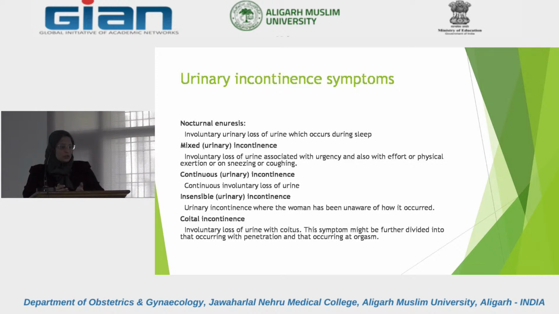So they have no control. It is not related to coughing, sneezing or urgency. There is a hole. As soon as urine comes into the bladder from the kidneys, it will come out, which is continuous loss of urine. So if you see, these things are so simple, but they are so relevant to clinical practice. And sometimes in urogynecology, you don't need any fancy testing, and just being aware of these definitions, being aware of etiology, you can diagnose the patient sitting there and then.